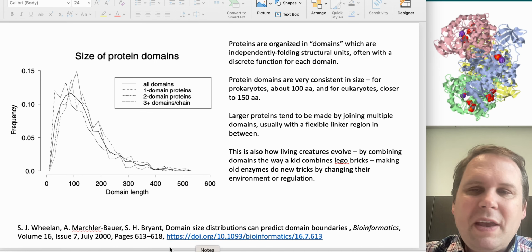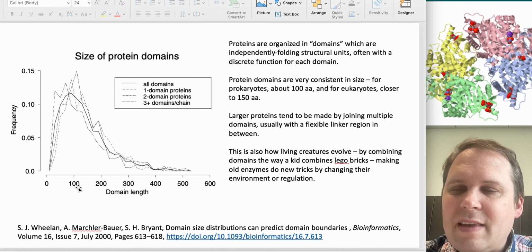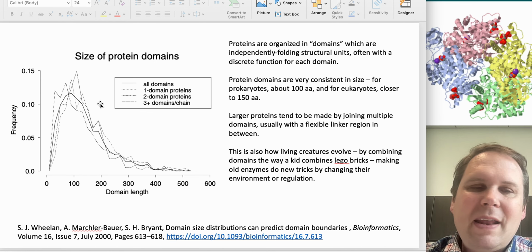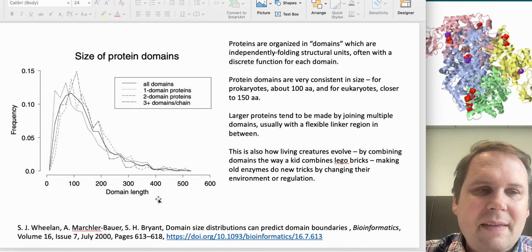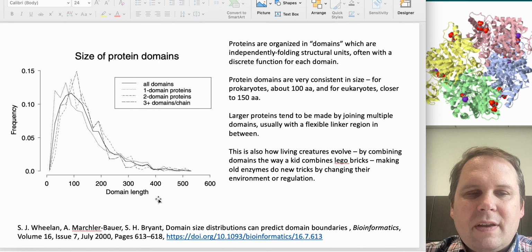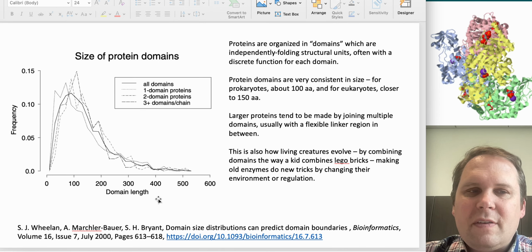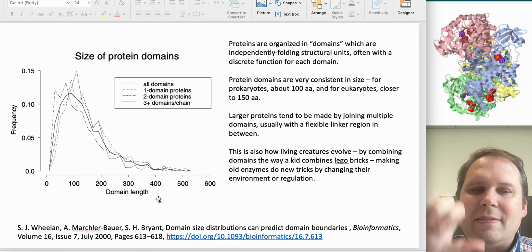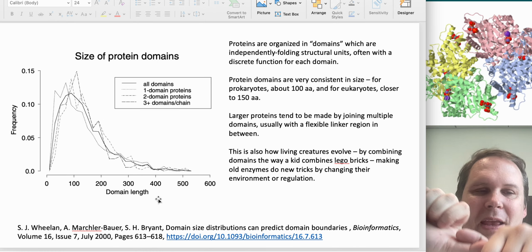Now, if we're talking about eukaryotes, they tend to have larger genes, or rather the domains of their proteins are going to tend to be about 150, something like that. When proteins get larger, they usually don't just increase in size everywhere. Usually they get larger by taking one domain and attaching another domain to it.